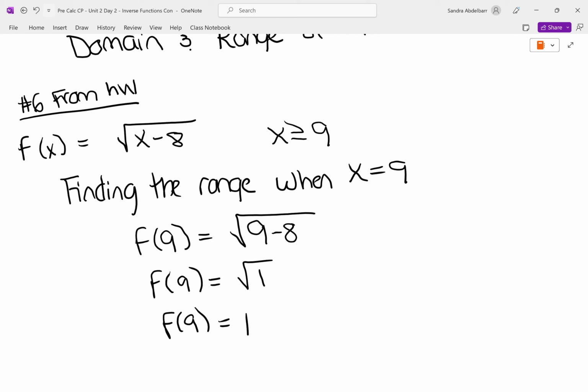So on my graph, where am I starting? I'm starting where y is 1. So our domain is x is greater than or equal to 9, but my range is going to be, I'm going to do brackets, from 1 all the way up to what? Infinity, because it's a shooting star. It just keeps going up forever.